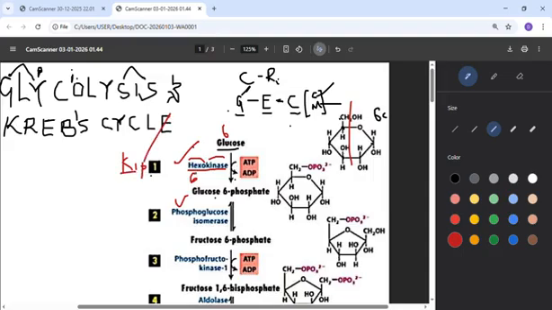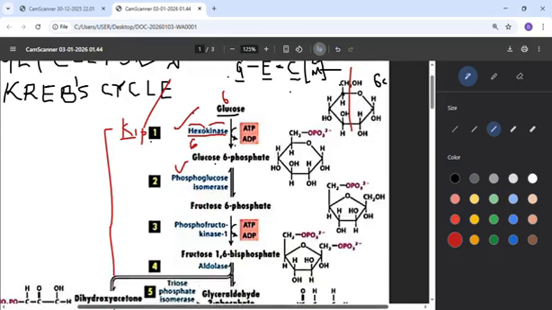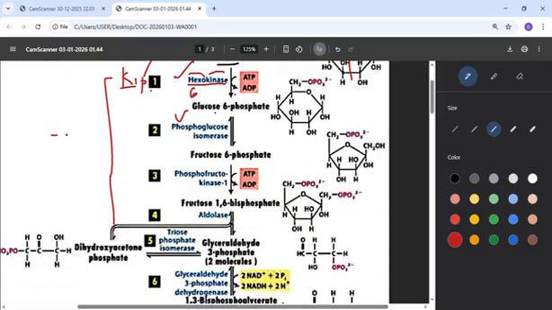So this enzyme hexokinase will have to take phosphorus, and that's why, looking at stage 1 to 5, they always call it an investment phase. So let me just put I and P. So this is an investment phase. What do I mean by investment?